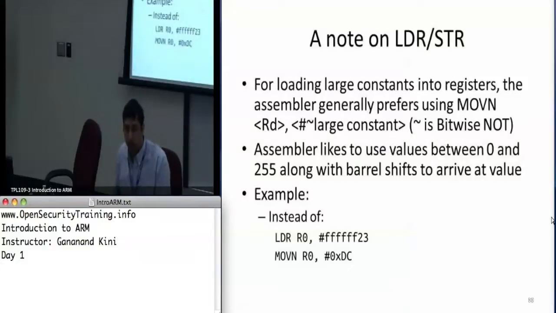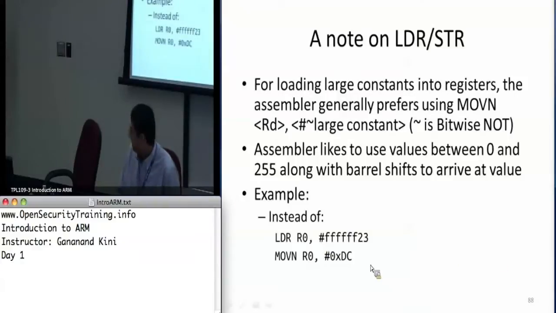For loading constants into registers, especially really large constants, the assembler prefers to use a MVN for whatever reason. So instead of writing LDR R0 with this really large number, the assembler has a tendency to choose a move negative.